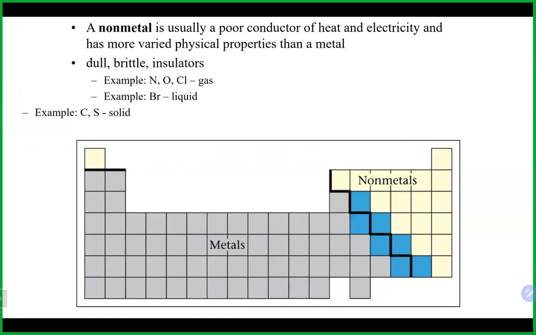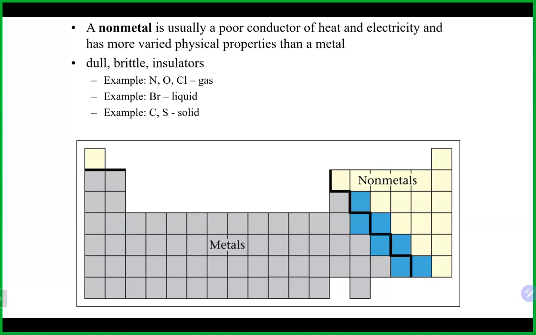Nonmetals, on the other hand, have the opposite characteristics of metals. They are bad conductors of heat and electricity. They have a more dull, brittle appearance. They also have a greater variety of states. Some are gases, some are liquids, and some are solid.